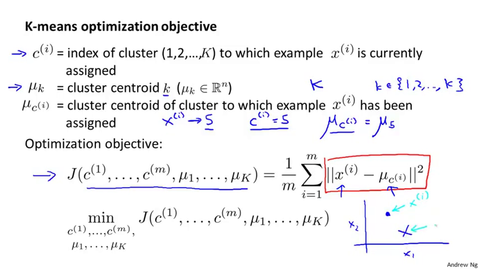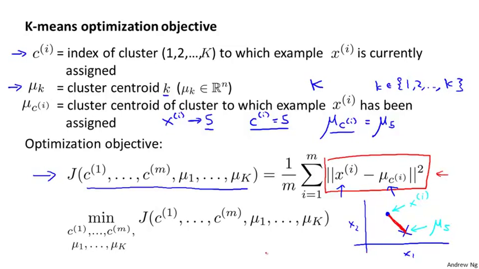If that's the location of mu_5, let's say, and x^i has been assigned to cluster centroid 5 as in my example above, then this squared distance is the square of the distance between the point x^i and this cluster centroid to which x^i has been assigned.